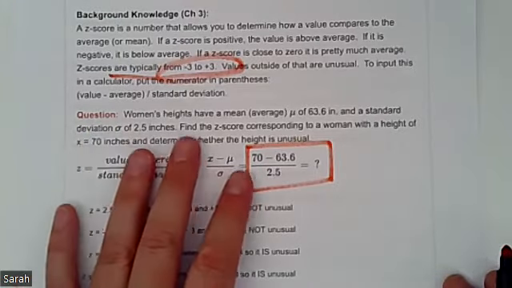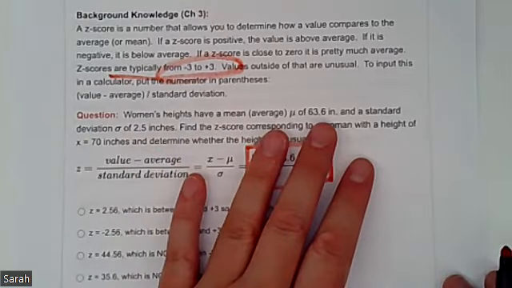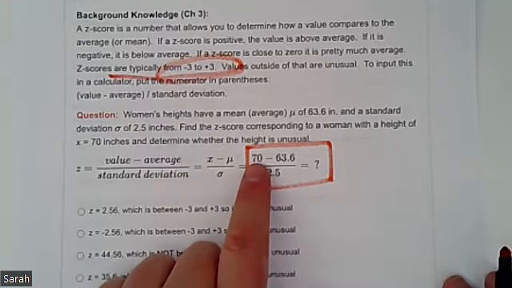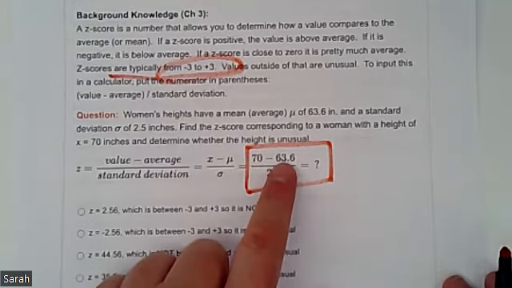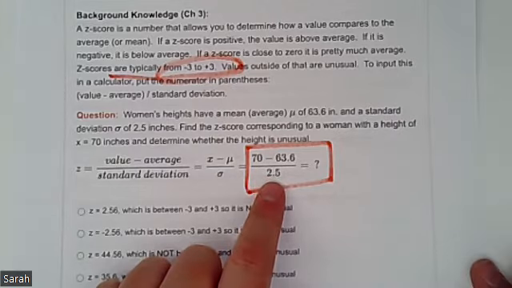So our story is that women's heights have an average of 63.6 inches and a standard deviation of 2.5. And we're interested in a woman who has a height of 70 inches. So there's our 70 inches, and there's our average height of 63.6, and then our standard deviation is 2.5. Okay, and you'll know what a standard deviation is really soon, so just hang tight with that for a minute.